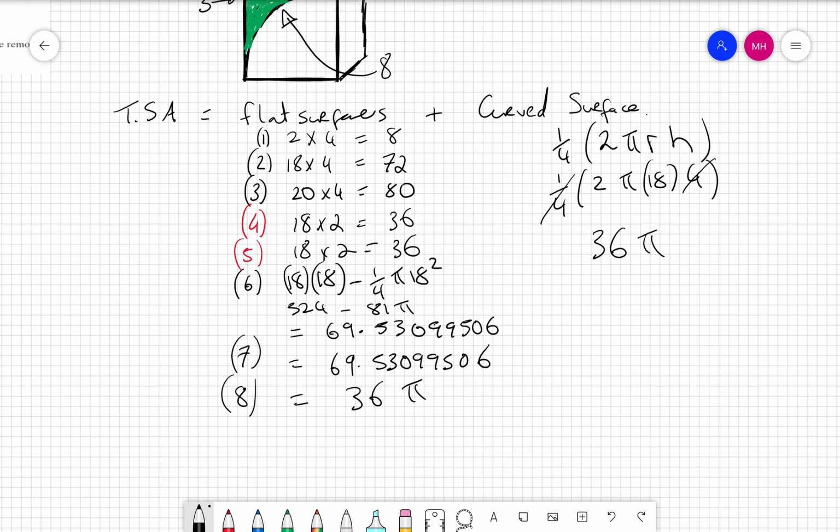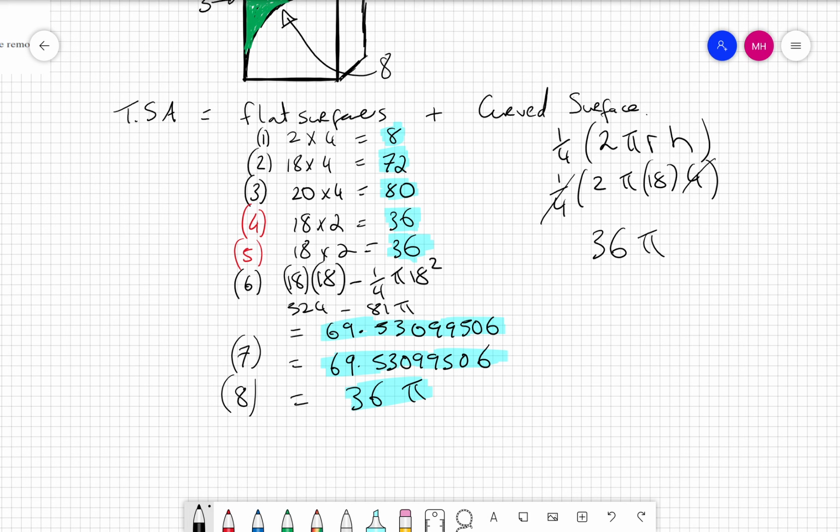So your total surface area is these 8 things added together. So you've got to add that with that with that, this one here twice, and that one there.